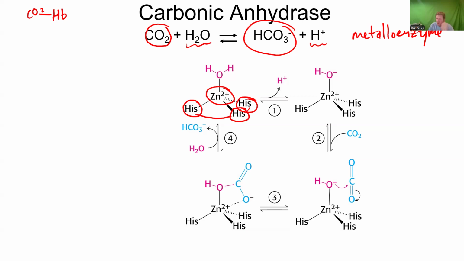Chances are those are going to be deprotonated. They're going to have some lone pairs of electrons that attract that zinc 2 plus. That zinc 2 plus itself is going to be held in position to attract something with lone pairs of electrons. Lo and behold, H2O rolls up. H2O has lone pairs of electrons. It's going to grab onto that and hold on to it.